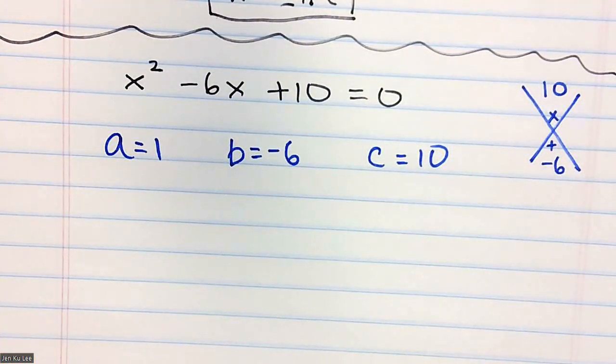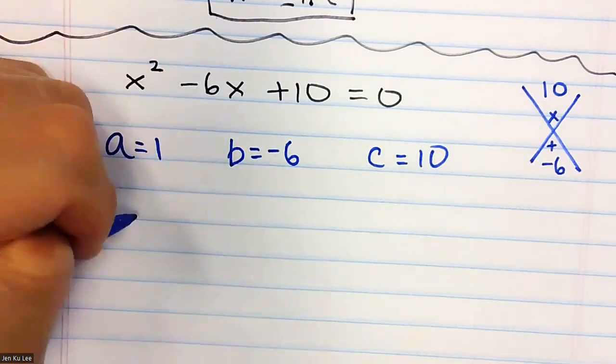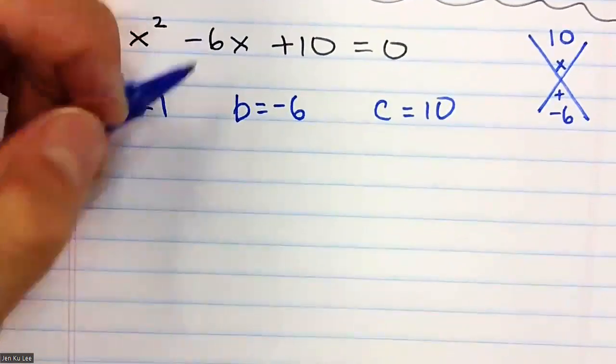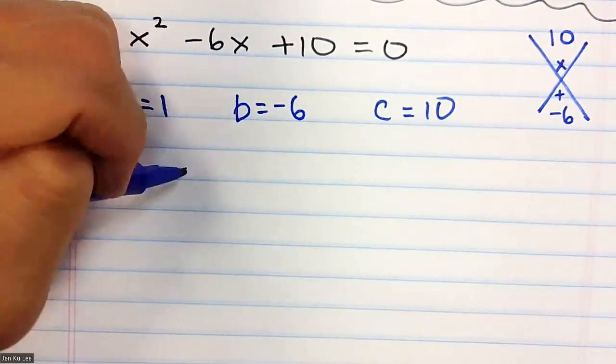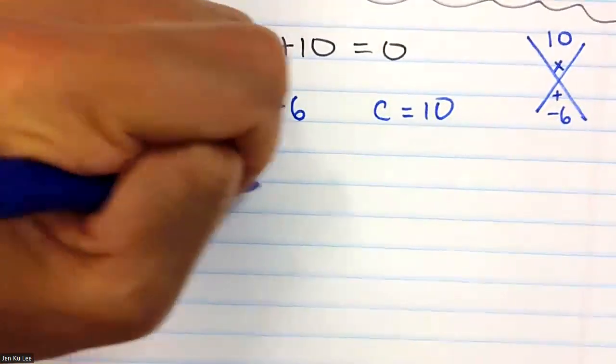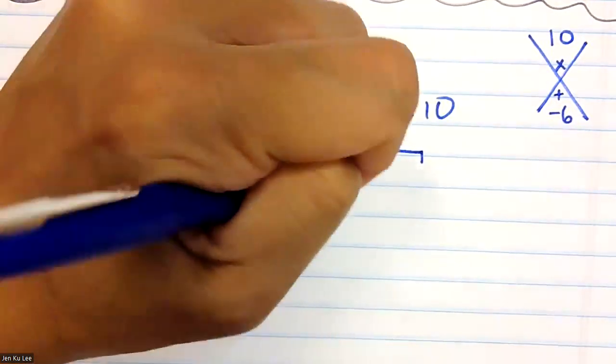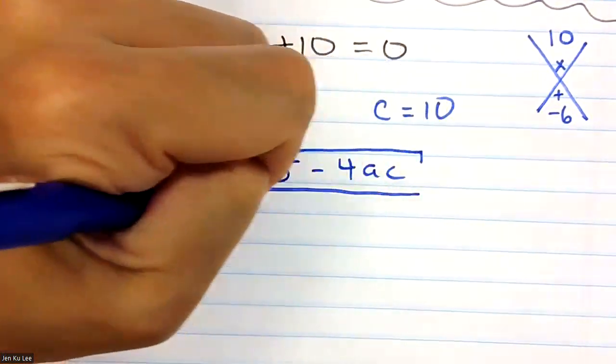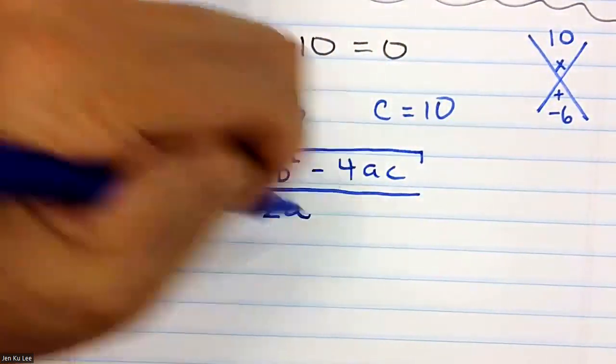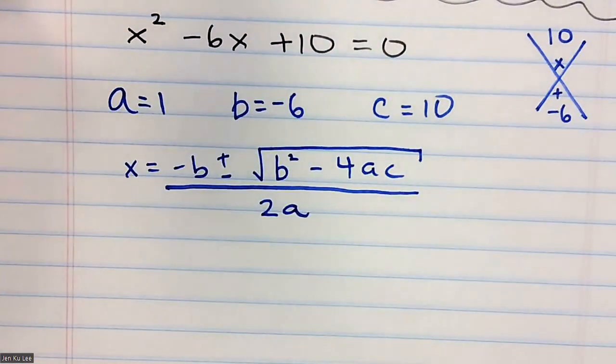All right? So the quadratic formula is x equals negative b plus or minus square root of b squared minus 4ac, all over 2a.